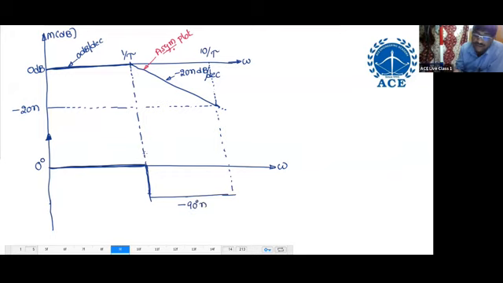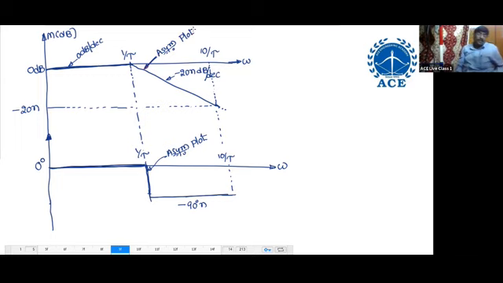This is 1 by tau, this is 10 by tau. What is this plot called? Approximated plot or asymptotic plot.